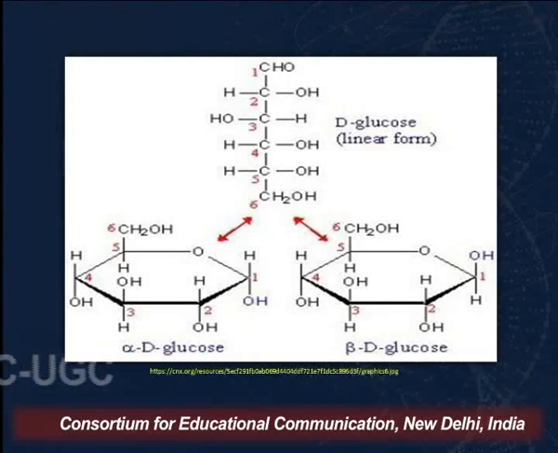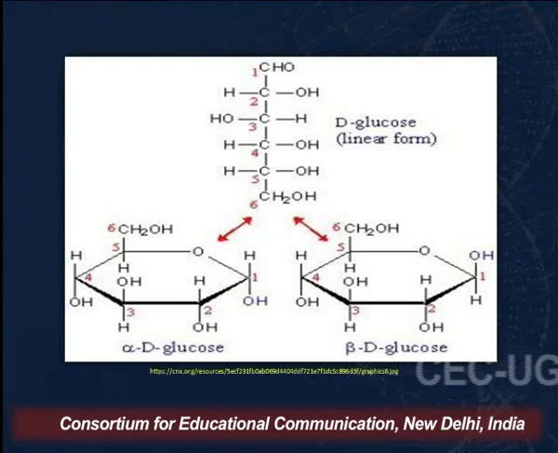And so, to maintain that dynamic equilibrium, more of the cyclic structures will be converted into the open chain structure. So the whole system will behave as though it is made up of only the open chain structure. That is the reason that when we carry out reactions of glucose with certain reagents, it gives a positive test.